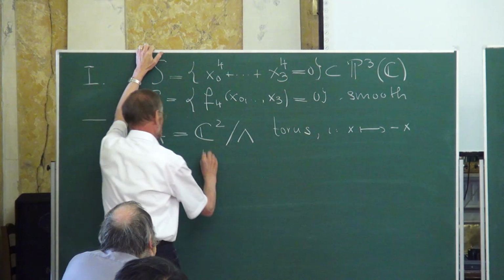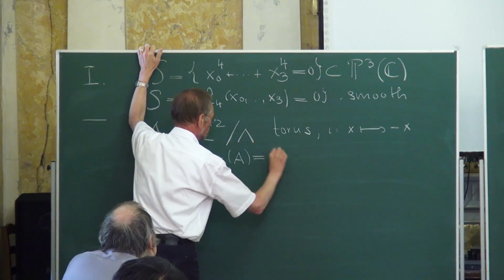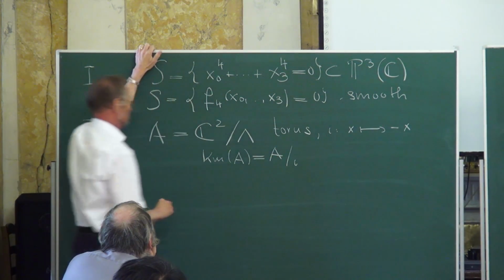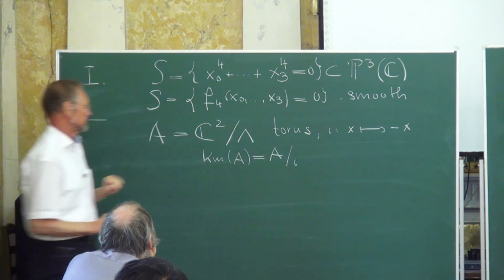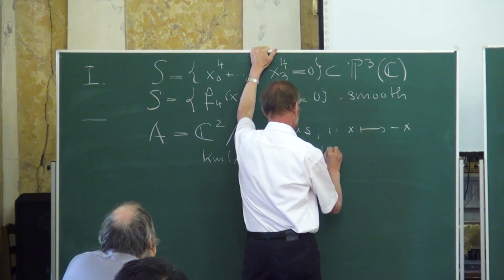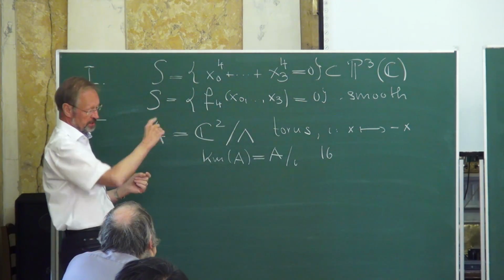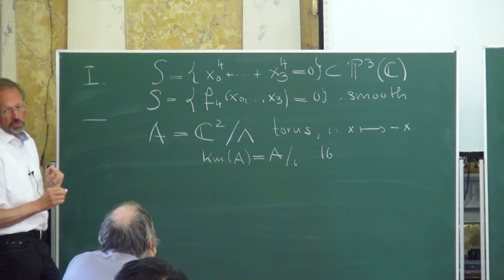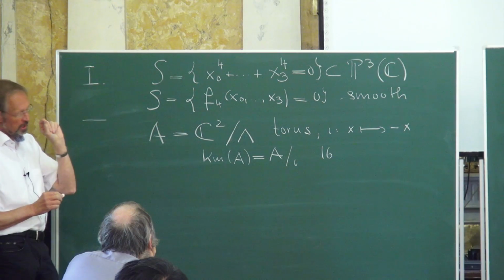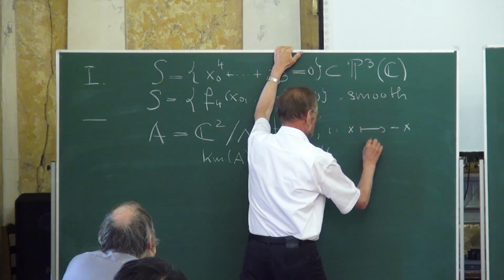And then we can form the quotient of that torus by this involution. Now, if you think a little bit about it, there are 16 points where x is equal to minus x, and these are fixed points of this involution. And the result is that in the quotient, these will be singularities.